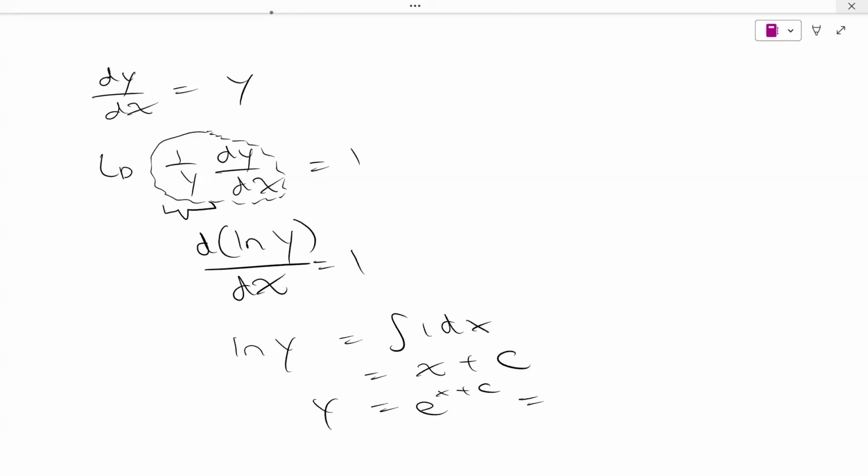Or we can break this up as e to the x times e to the c. And this is just another constant, right? E to the c. You'll see this quote unquote trick very often in differential equations. So you can just write it as another constant, let's say k. So k e to the x.